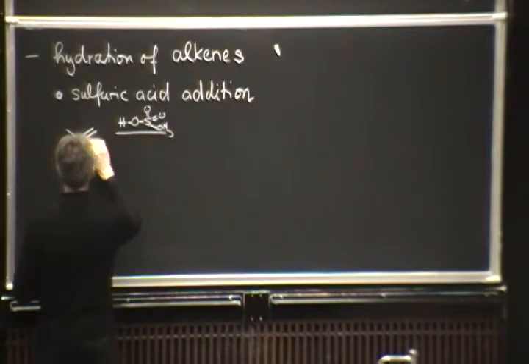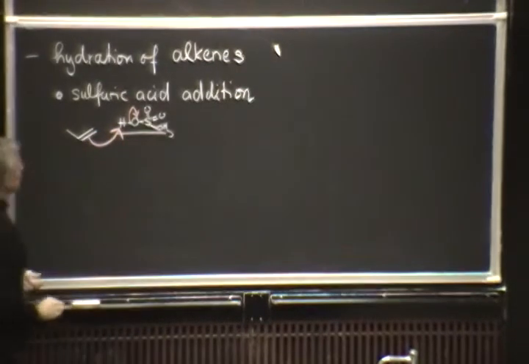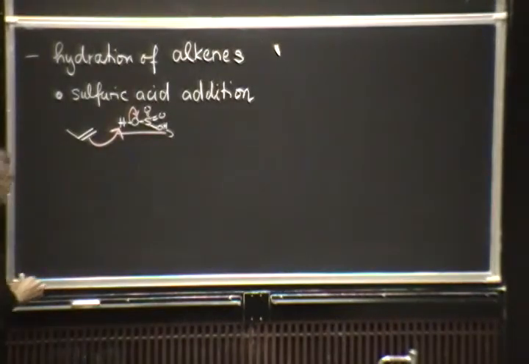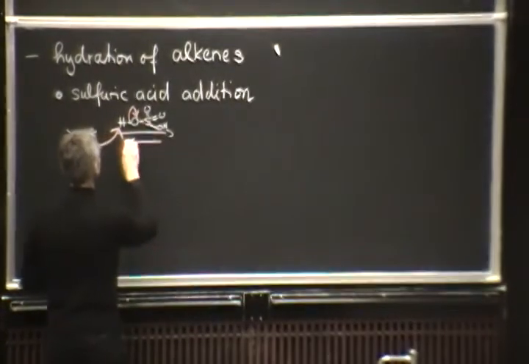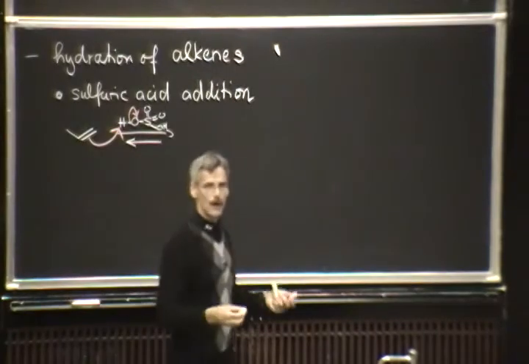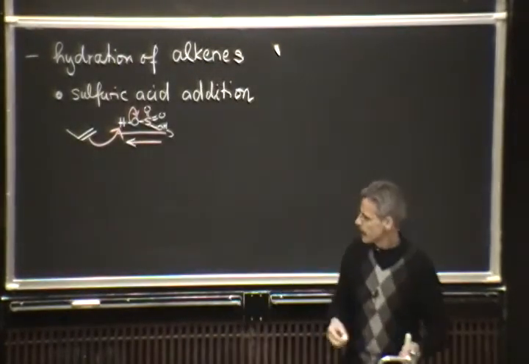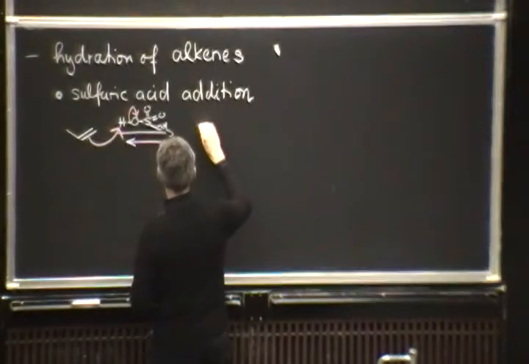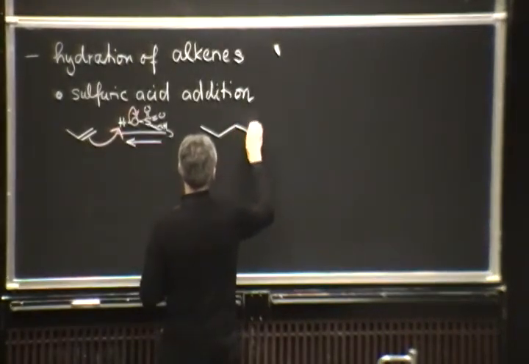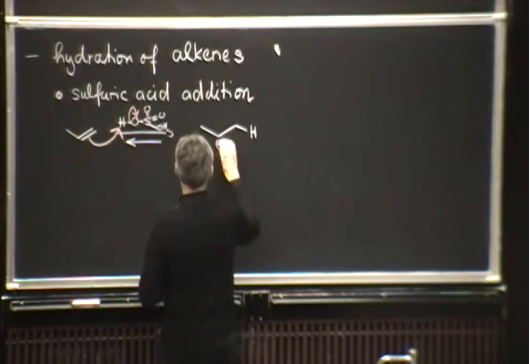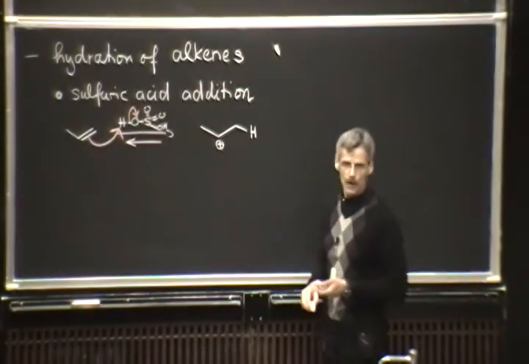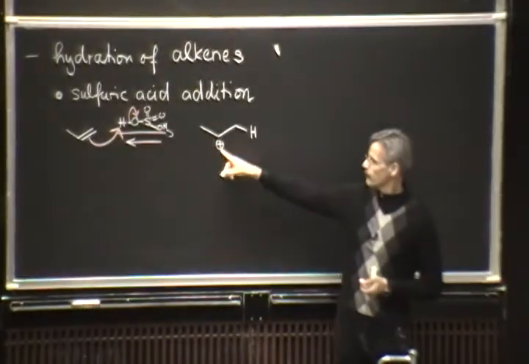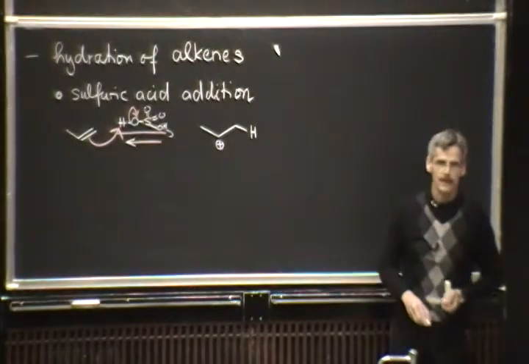And I can now protonate the double bond. This is a reversible reaction, so it's an equilibrium. Depending on how much sulfuric acid I use, you can get more or less of that protonated olefin. Of course, the protonated olefin is a carbocation. The addition follows the Markovnikov rule because we have the formation of the more stable secondary carbocation.